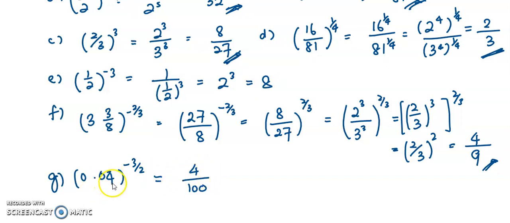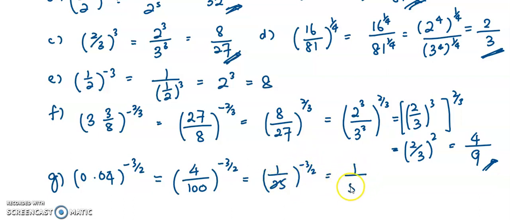So you have 4 over 100, power of negative 3 over 2. 4 over 100 you can simplify as 1 over 25. The 25 you can convert into 5 power of 2, power of negative 3 over 2.